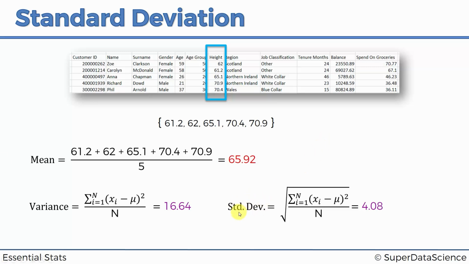It's also good to know that, let's say this is height in inches, then your mean is in inches, but here you can see it's squared, so your variance is in squared inches, which is not that useful as a measure of spread. That's why standard deviation is better, because you got inches squared here, and then you got your square root, so these are inches again. So you can actually add the standard deviation to your mean. You can say, okay, so what's the mean plus 1 standard deviation?